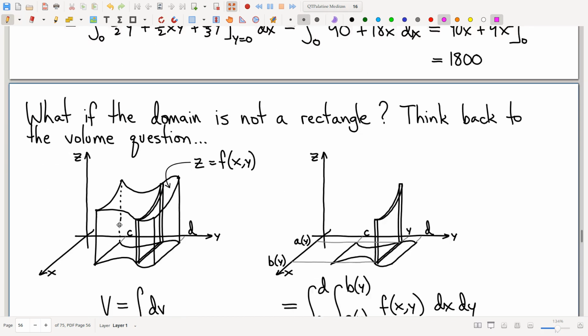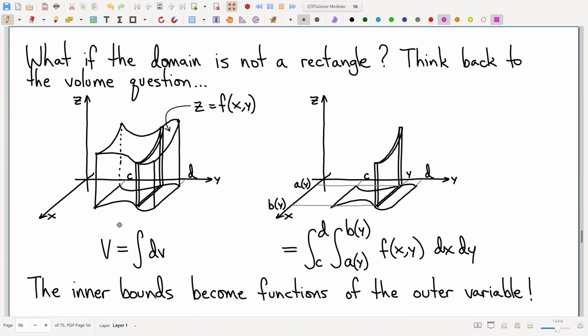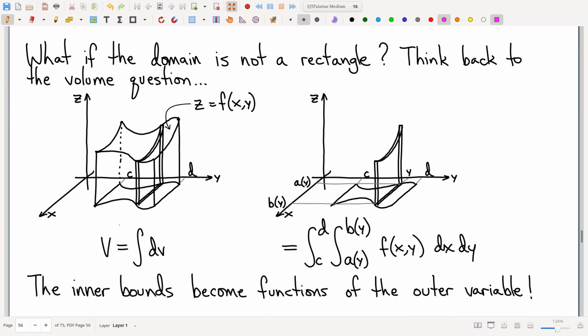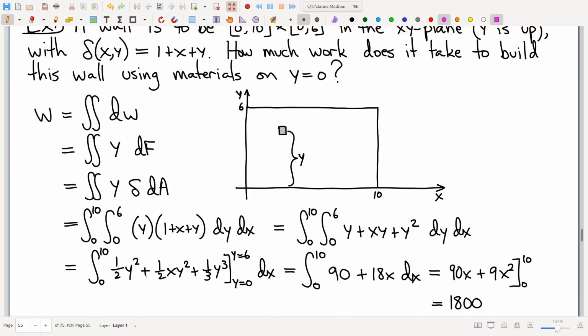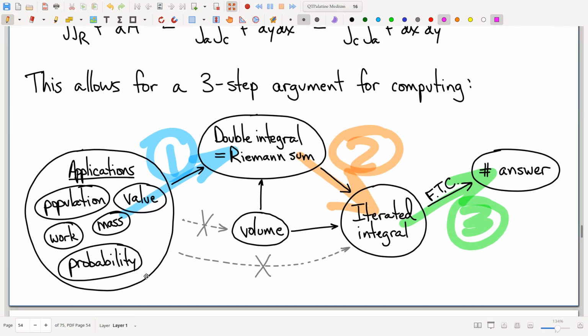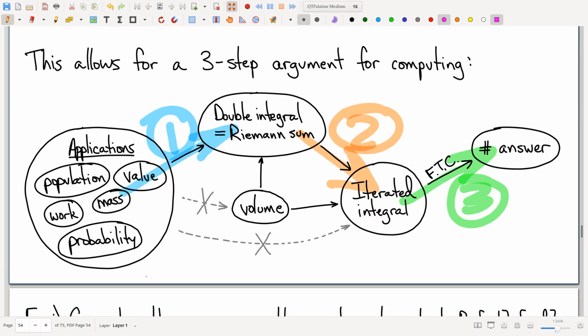Okay, moving along. Here's where things get fun. What if your domain's not a rectangle? Right now, if we do have a rectangle, we pretty much have that problem crushed. This is how, if you've got a rectangular domain, write it as a Riemann sum, aka double integral, rewrite it as an iterated integral, and then plug and chug.